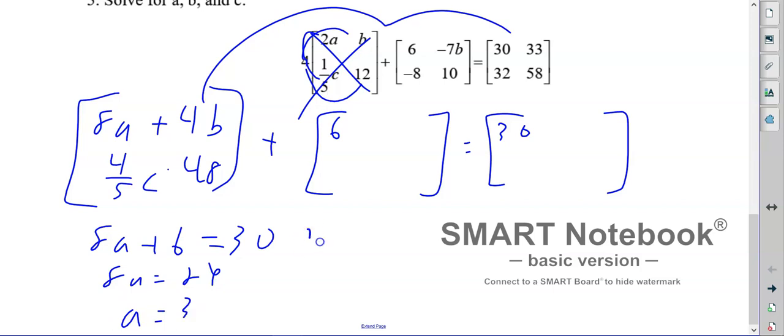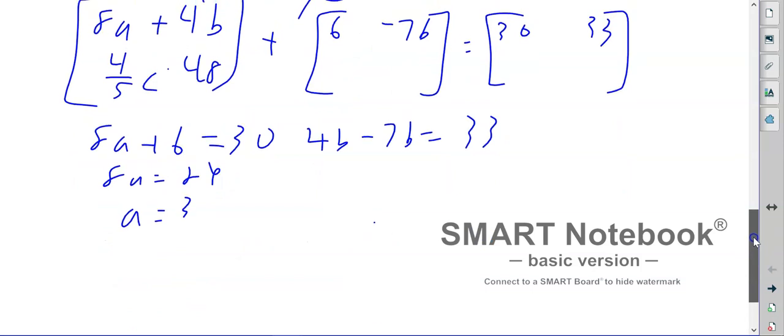And then b, we have 4b minus 7b equals 33. So that's going to be negative 3b equals 33. Divided by negative 3. B is equal to negative 11. Okay.